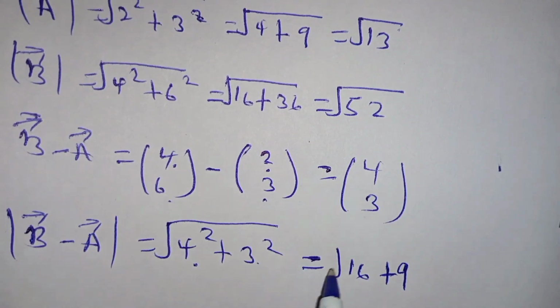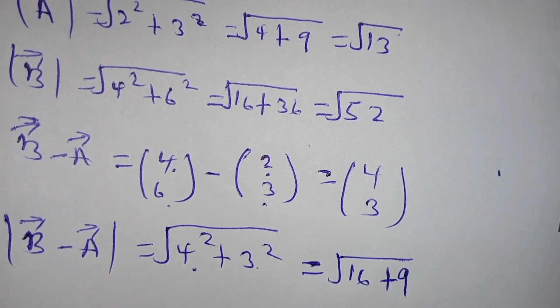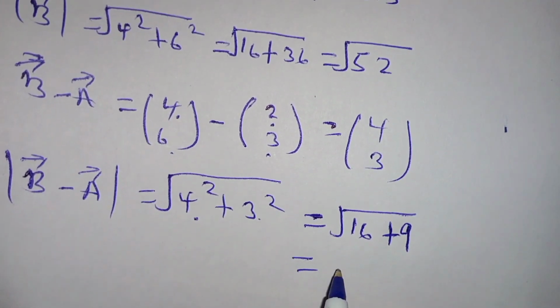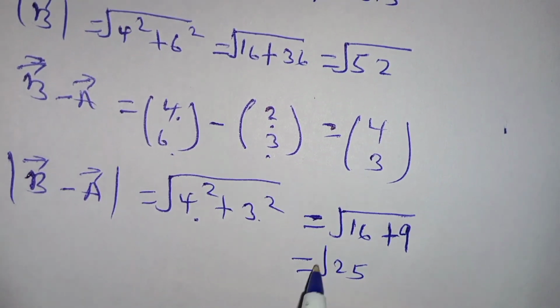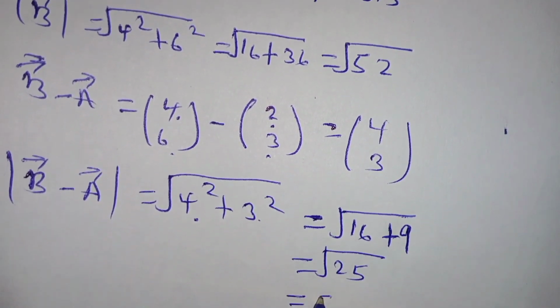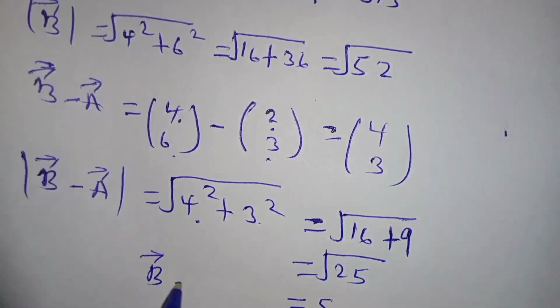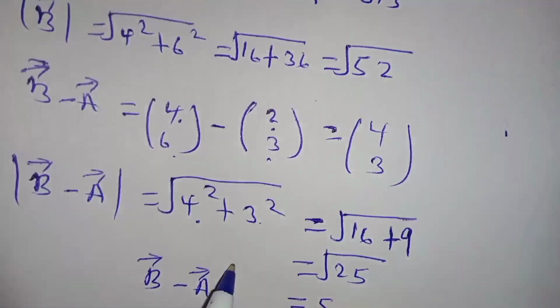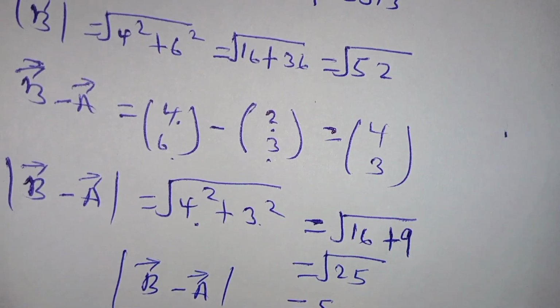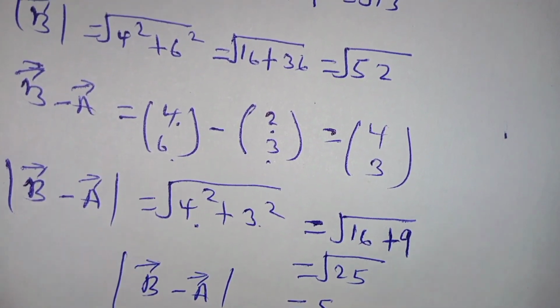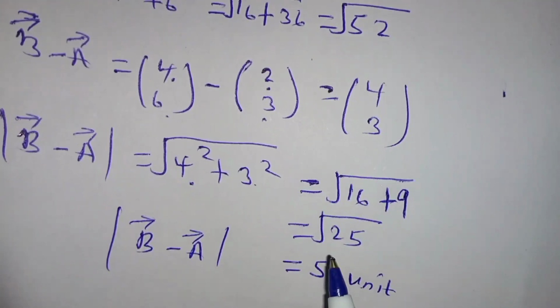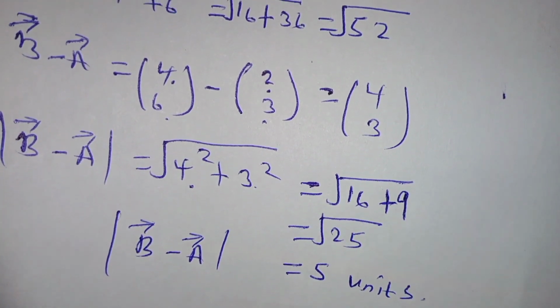So square root, this is equal to 25. So square root of 25 is 5. So modulus of B minus A is equal to 5 units.